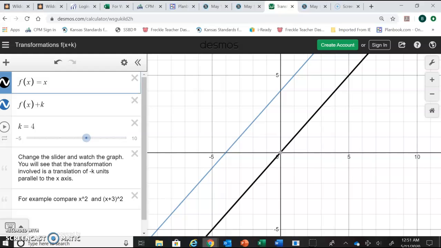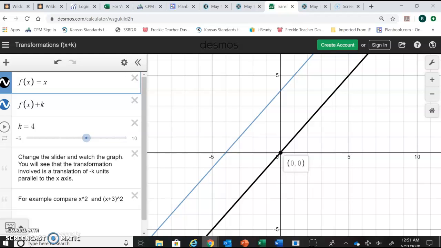In black, you can look and see the graph of f of x equals x, and don't get thrown off by that. Remember that f of x is the same thing as y. It replaces y, so this is essentially the graph of y equals x. The only reason they've written f of x is because this is a function.